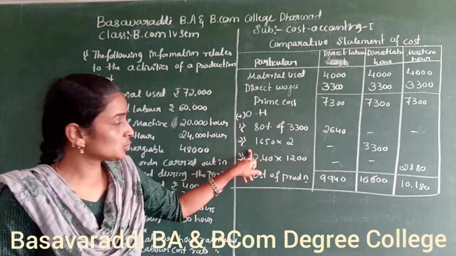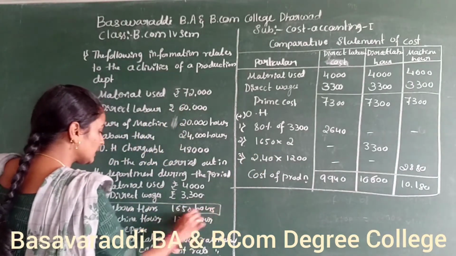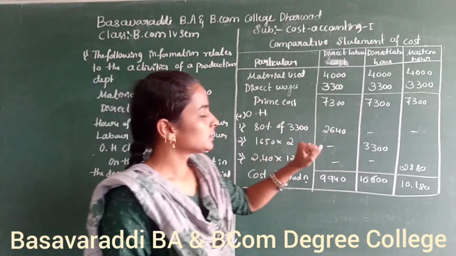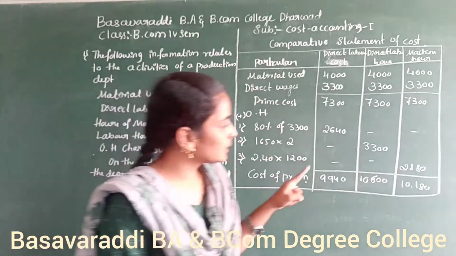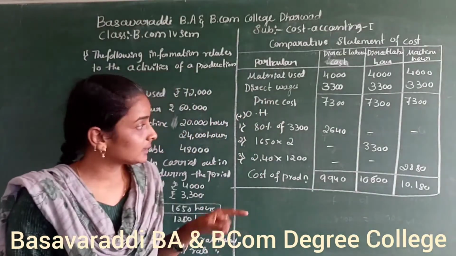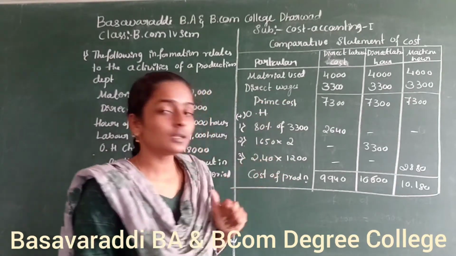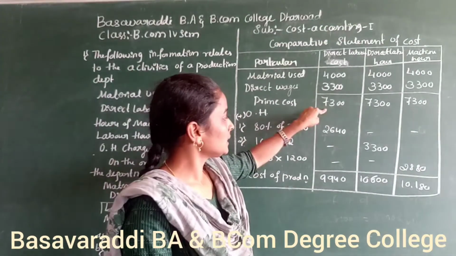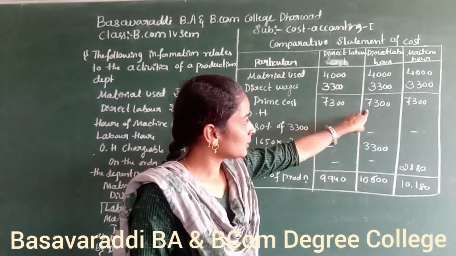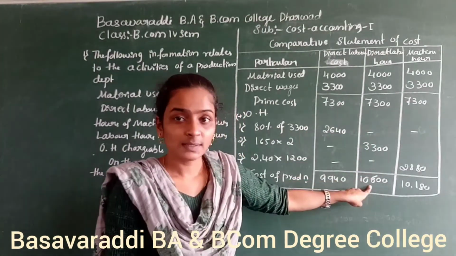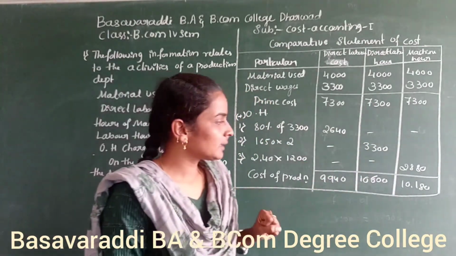From working note number 1, 1,650 labor hours into 2 is 3,300. 2.40 into 1,200 is 2,880. Prime cost plus overhead gives the cost of production: 7,300 plus 2,640 is 9,940, 7,300 plus 3,300 is 10,600, and 7,300 plus 2,880 is 10,180.